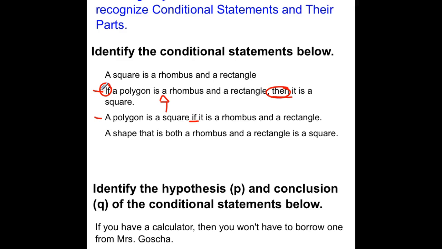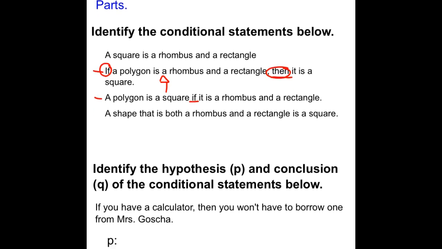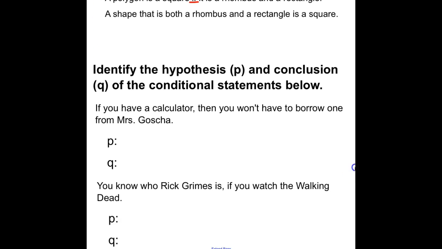So conditional statements have these parts, hypothesis and conclusion, and what we are going to do is identify them in the statements below. Hypothesis we refer to as P and conclusion as Q. Why we picked those 2 letters, I don't know. But it says if you have a calculator, then you won't have to borrow one from Mrs. Gosha. So the hypothesis is what it started off with.